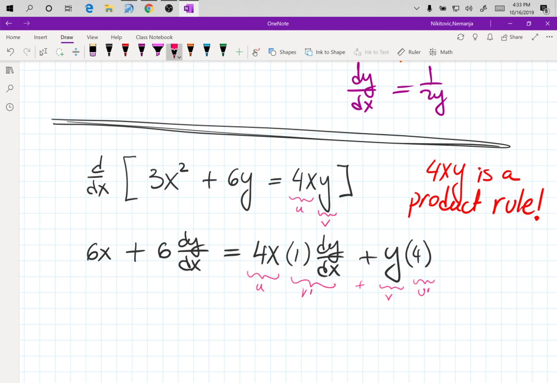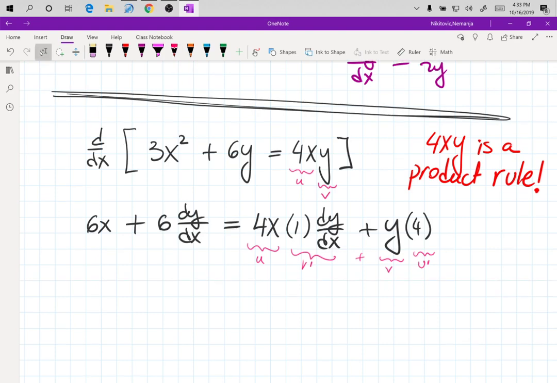All right, so now move all of the terms with dy/dx to the left side. So 6 dy/dx minus 4x dy/dx. And then move all of the terms without dy/dx to the right, which is 4y minus 6x. Factor out dy/dx. You are left with (6 minus 4x) dy/dx equals 4y minus 6x. Divide by it. So dy/dx is equal to (4y minus 6x) over (6 minus 4x).